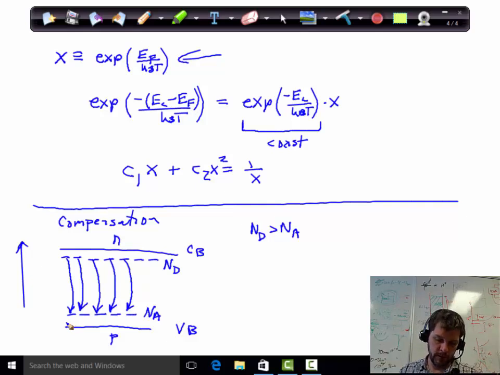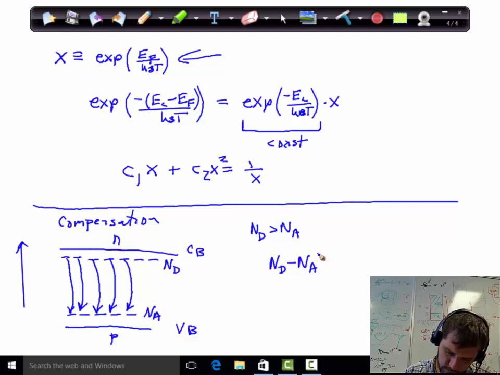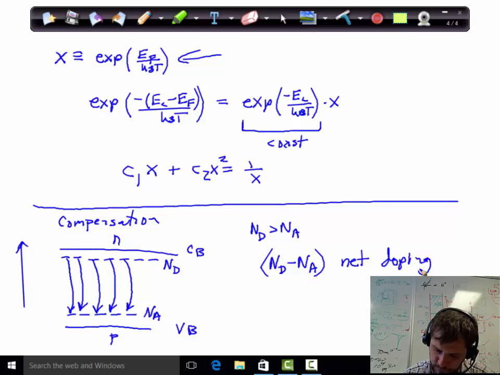They'll fill from the bottom up. And so if there is an empty state, an acceptor does represent an empty state for an electron, it'll drop down there. And so our net number of donors that are available to be ionized into the conduction band is now going to be Nd minus Na, and that's our net doping.